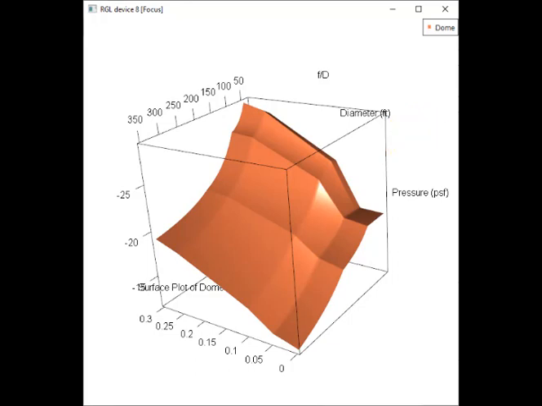This is the surface plot for a steel dome or geodesic dome. The F over D axis is down here, flat up to 0.3. Geodesic domes live in the range from about 0.1 to 0.2, so this surface plot goes beyond the ranges that are actually used in the industry.